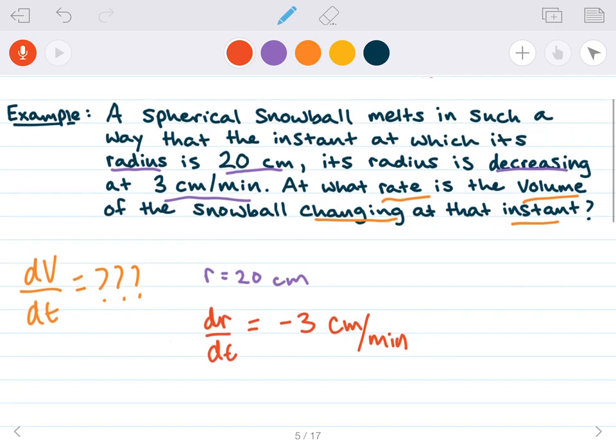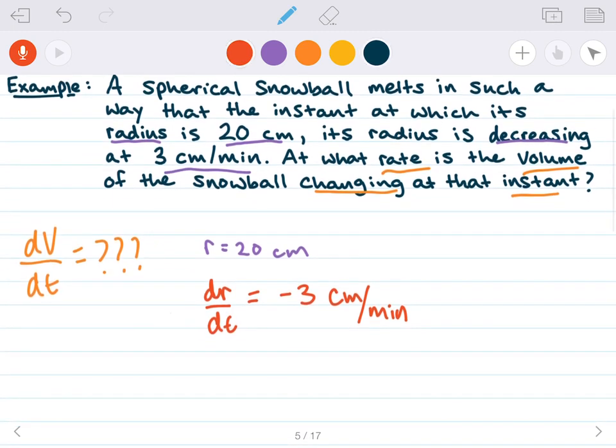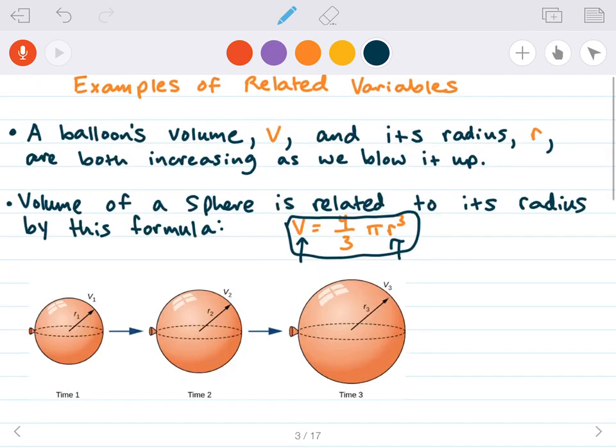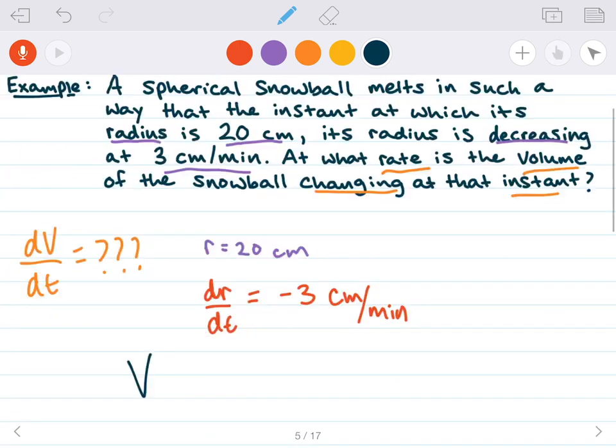Now what we need to do is relate radius and volume with a formula. Well, how about the volume of a sphere? So the volume of a sphere is this guy, 4/3 pi r cubed. So this is very much like implicit differentiation, what I'm about to do.